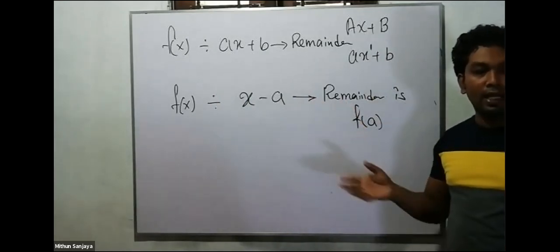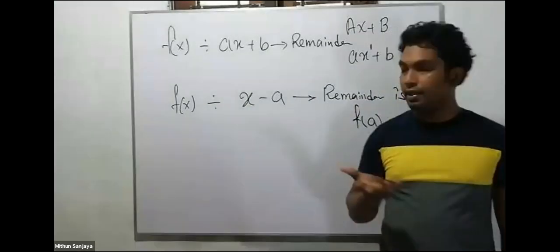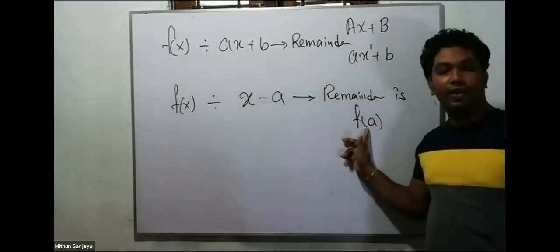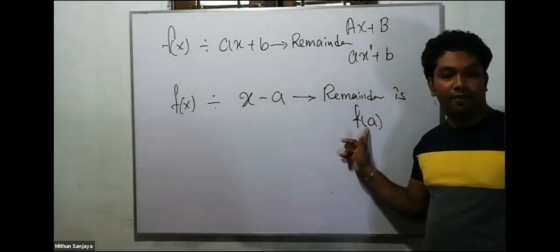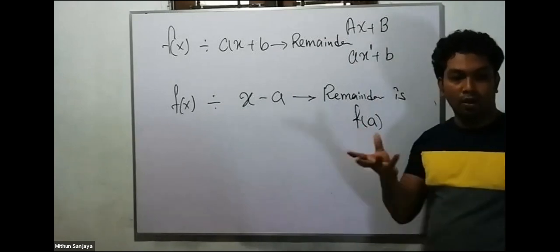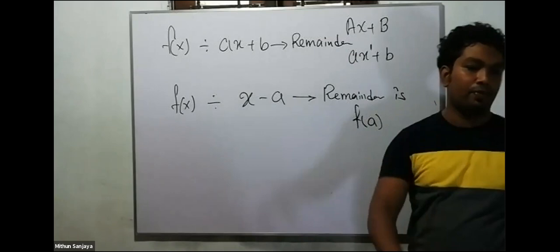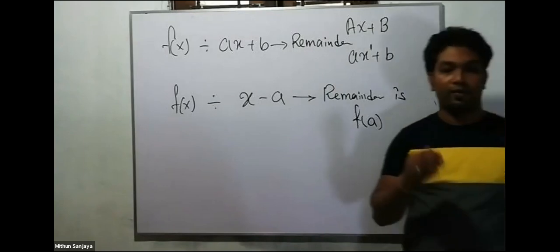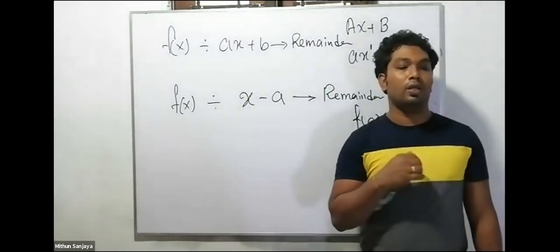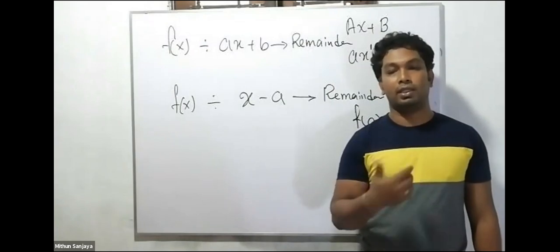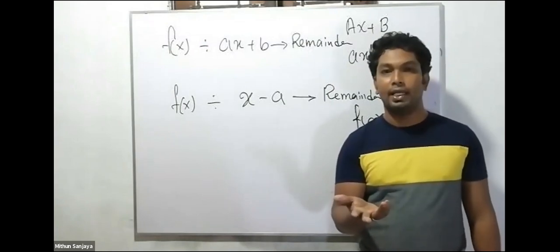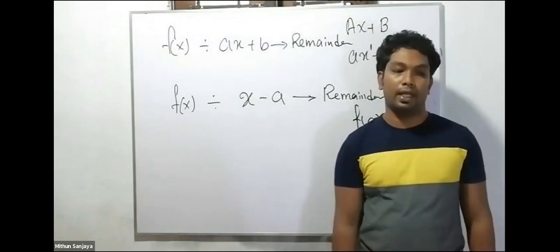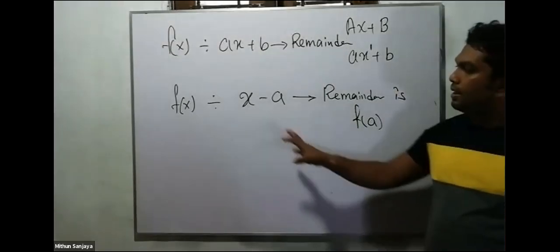Now you can use your own words, get the image that f(x) divided by this gives remainder f(a). We need to give a clear idea of the theorem in your words. It doesn't need to follow my words. When you give the correct idea, it's okay.